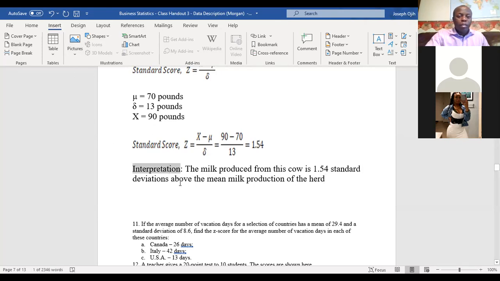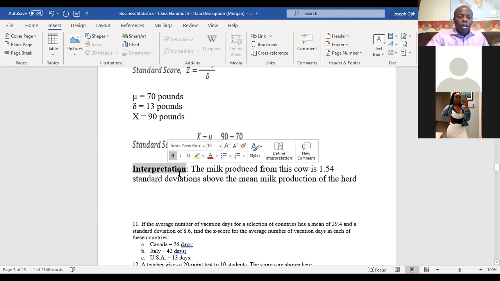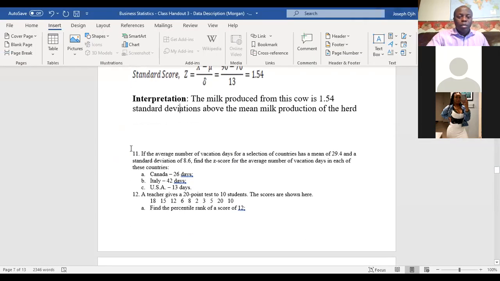Any questions for me on this? No. Now, this is how you do the same thing. This one says the average number of vacation days in certain countries has a mean of 9.4 and a standard deviation of 8.6. Find the z-score for the number of vacation days in each of these countries.